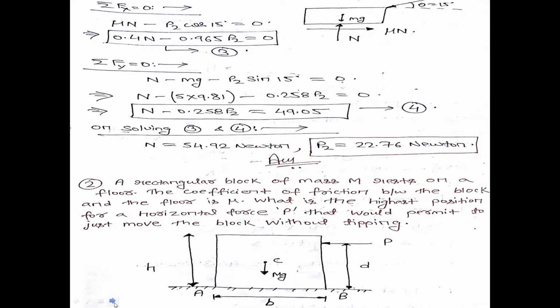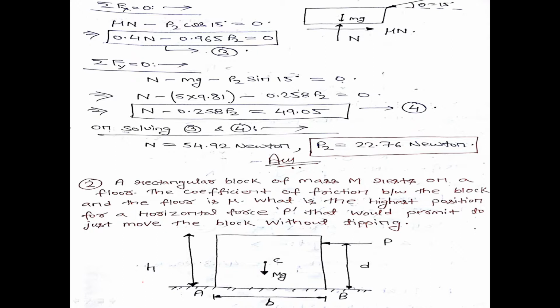The second problem is a rectangular block of mass capital M resting on a floor. You can see one rectangular block is placed on a horizontal floor. The coefficient of friction between the block and the floor is mu.